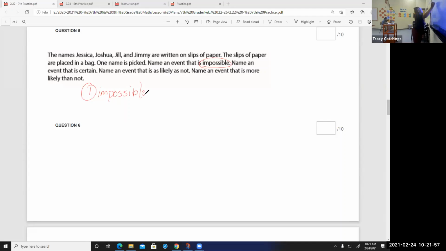Now, if something is impossible, what does that mean? It's something that can't be done. What names did they tell us they put in the bag? So if I was to pick something and we look for something that can't be done, what can I pick as an option that I clearly will not get? Be more specific.